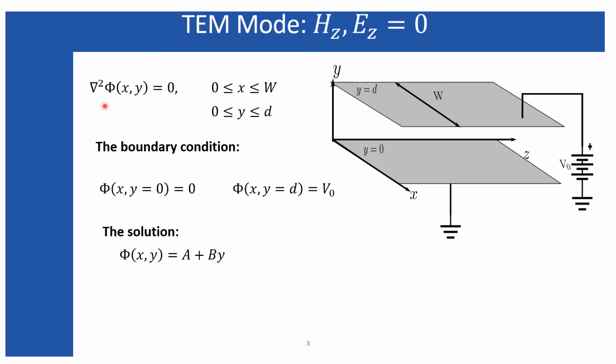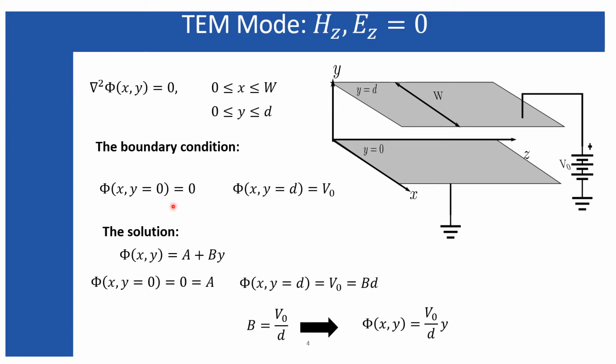If you integrate this once along the y direction, that will introduce one constant, b, and the second integration will include this y and another additional constant a. We need to find the values of these arbitrary constants a and b from the boundary conditions.